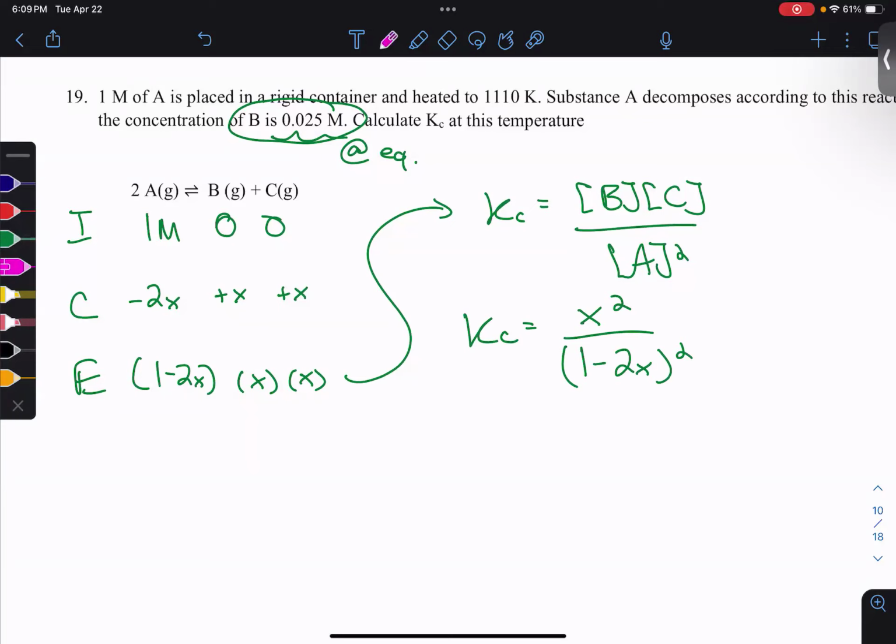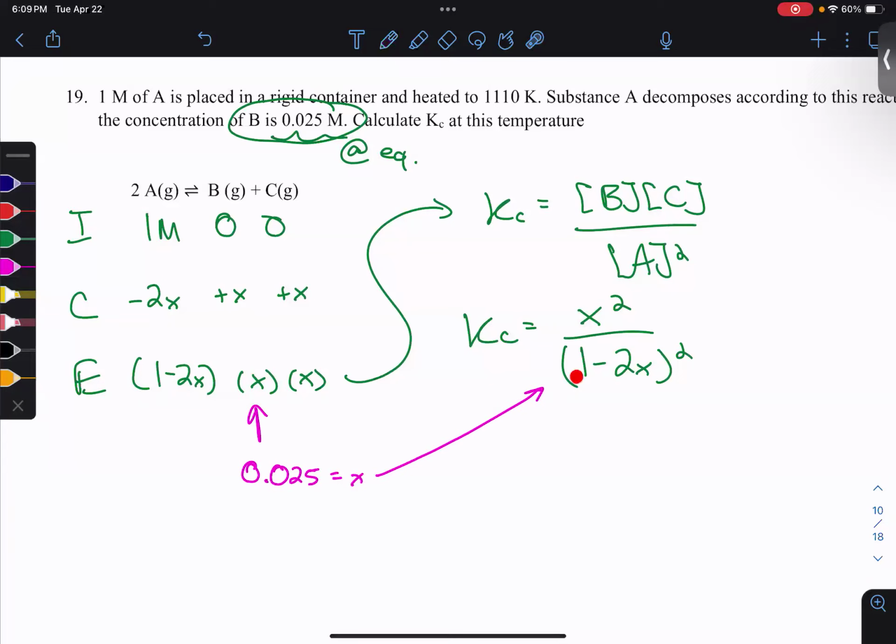I know you guys got real good at it in chapter 16. But here's the thing. I tell you what x is. I tell you B concentration at equilibrium is 0.025. I'm literally telling you what x is. So we can just plug in that number, and that's Kc. If you approximate here, you are just being lazy.